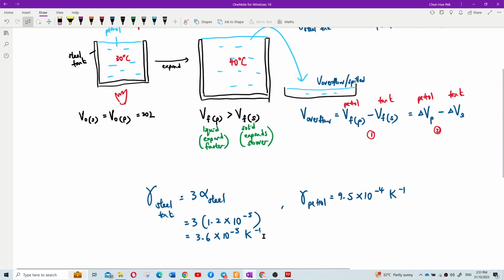The exponent negative 5 or the exponent negative 4? Which one expands faster? Petrol. Yes, this is bigger, right? Negative 4 is less negative. Yes, petrol is the winner. Steel tank is the loser.